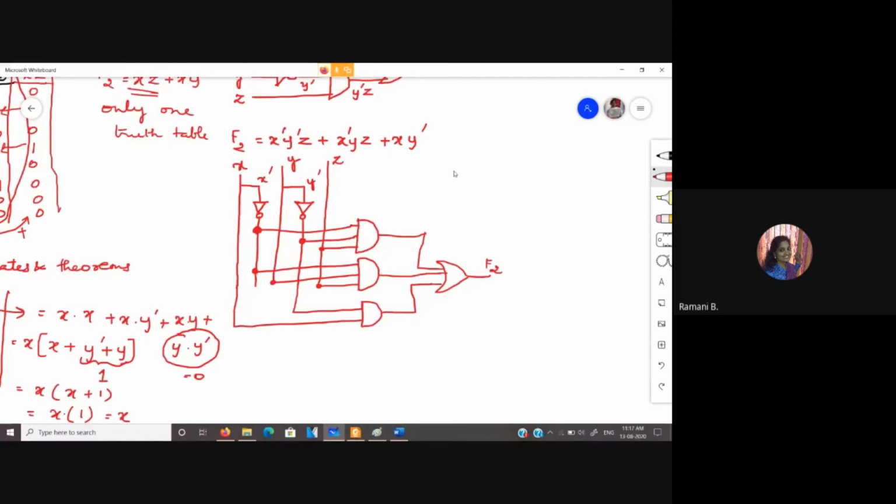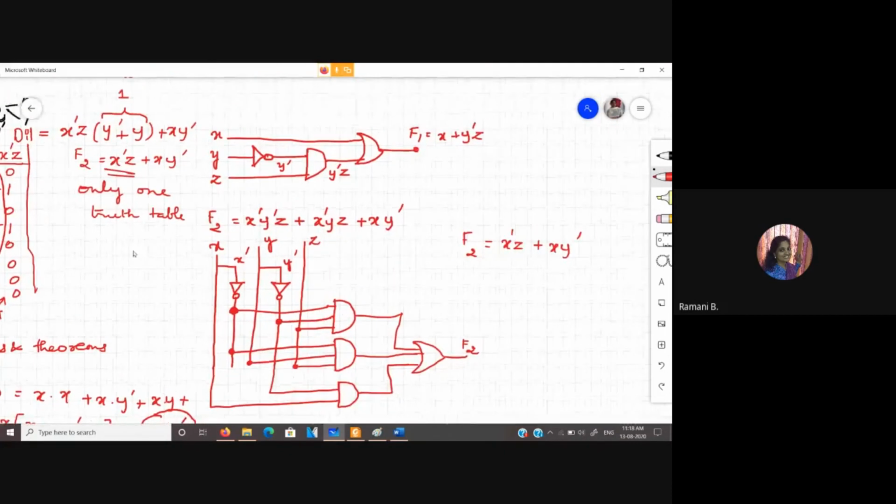Now we actually simplified this F2 as F2 is equal to x bar z plus x y bar. That is what we simplified.